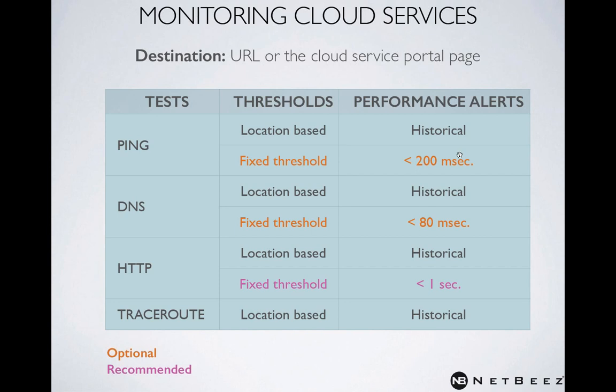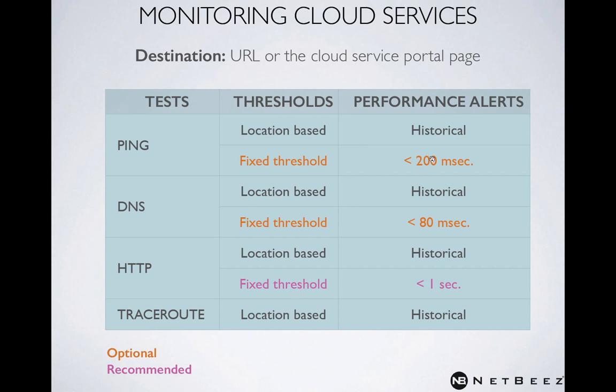You can also have historical types of alerts where you collect data and create baselines for each location in your network, because of course different branch offices and retail stores may have different performance. Then when performance at a specific location goes out of whack, you can also get notified, because that means there is a degradation in user experience.